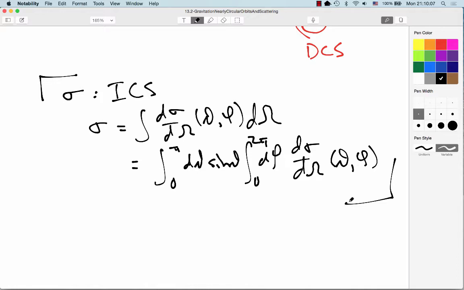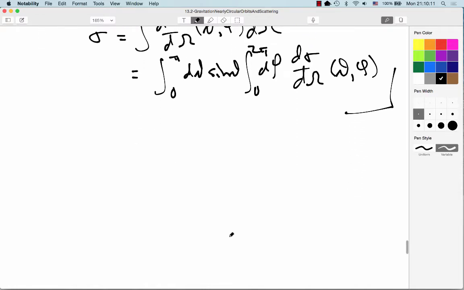All right, so now let's go and look at some typical collision. Okay, so here we go. We're coming inbound with some impact parameter b.